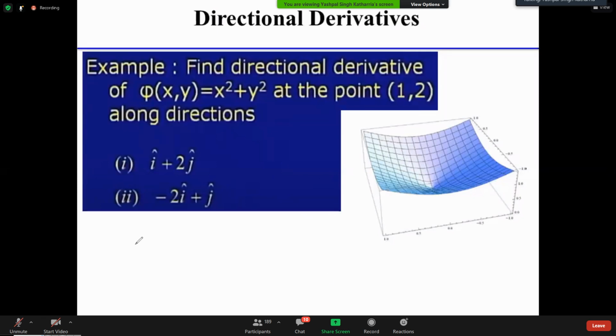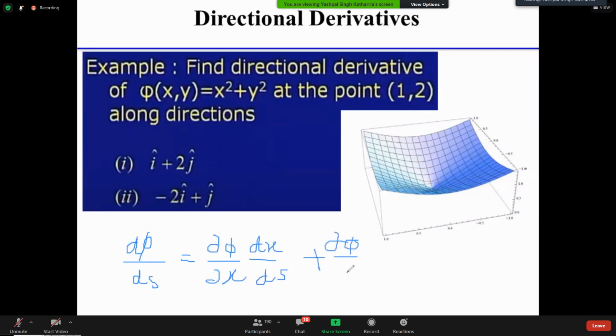If I define d phi in some direction, say ds, then d phi over ds will be given by del phi over del x multiplied by dx over ds, plus del phi over del y into dy over ds.